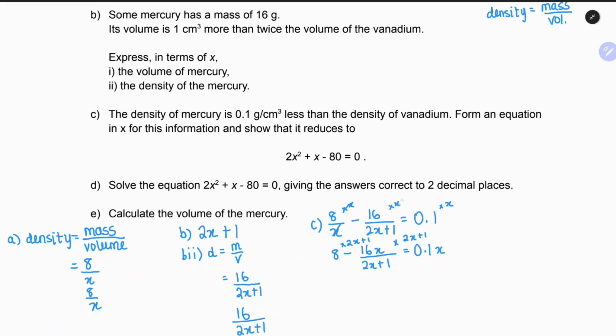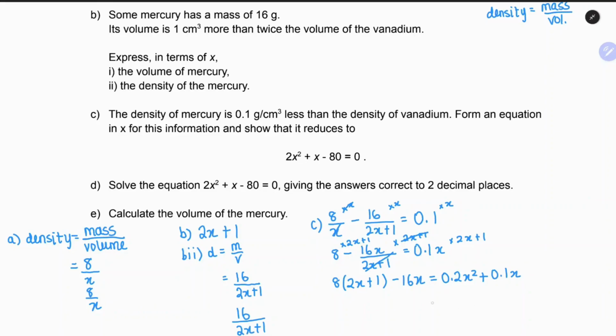And I still haven't forgotten, don't do the tricky times trying to cancel out the x. No, like I've said in the previous questions, don't do it. Times 2x plus 1. So this times 2x plus 1 will cancel out the divided by 2x plus 1. So we're going to have 8 times 2x plus 1 minus 16x is equal to 0.2x squared plus 0.1x.